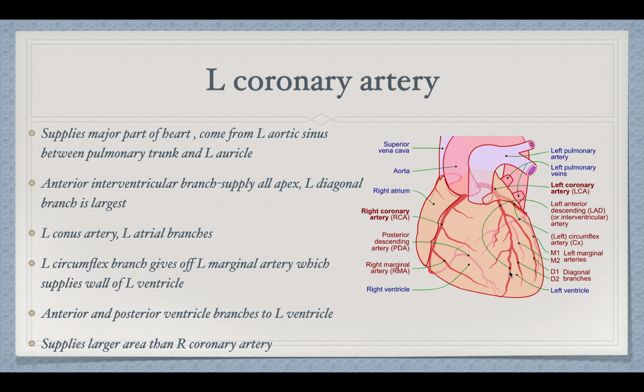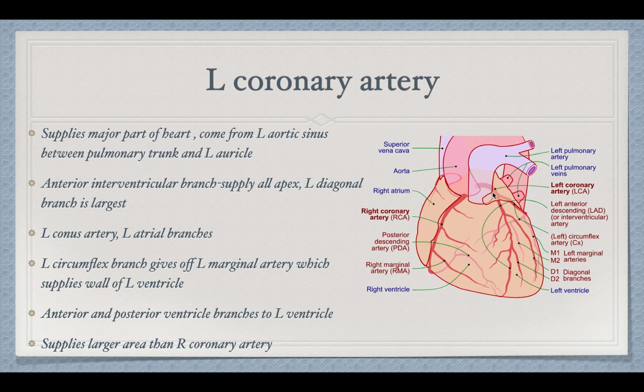So this runs down the interventricular groove in the front, and then the circumflex artery curves around, as you see, the back of the heart, and that gives off a left marginal branch, and that supplies the left ventricle wall.